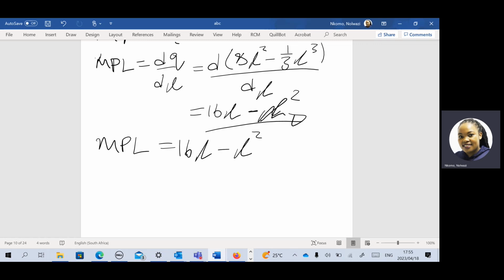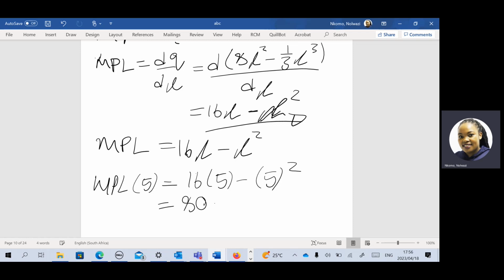Now we are asked to find the marginal production of labor if 5 workers are employed. So this means we'll have MPL of 5. And this would give you 16 times 5 minus 5 squared. So we have 16 times 5, that's 80, minus 25, and this is 55.